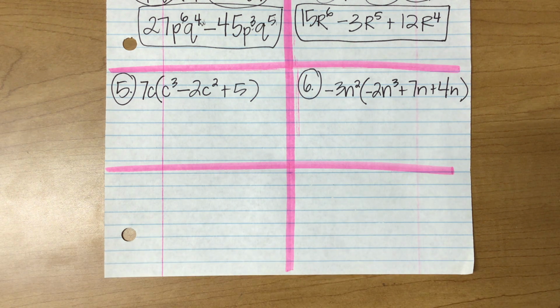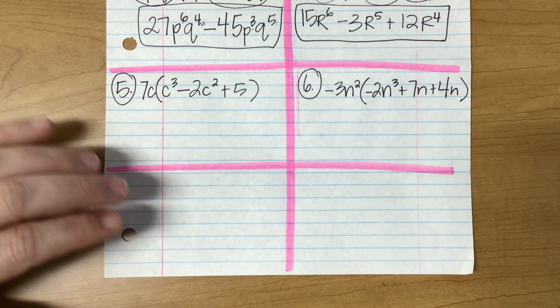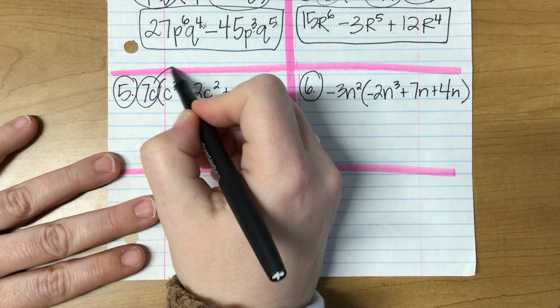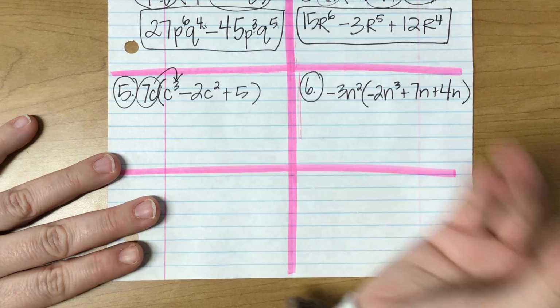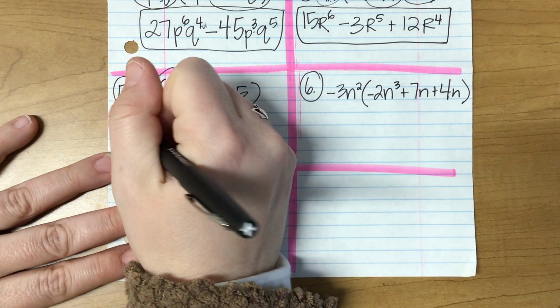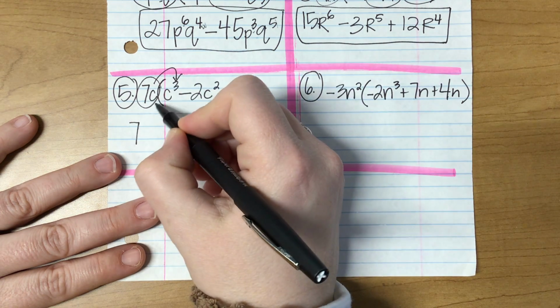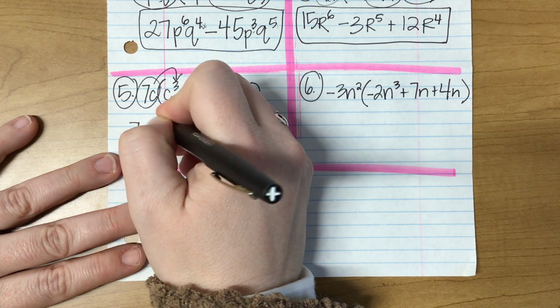Is there a volunteer for number 5? Go for it, Aiden. You take 7c and you carry down the 7 because there's nothing to multiply, it's just a 1. Got it. And then you add c and c to the 3rd for c to the 4th. Perfect.